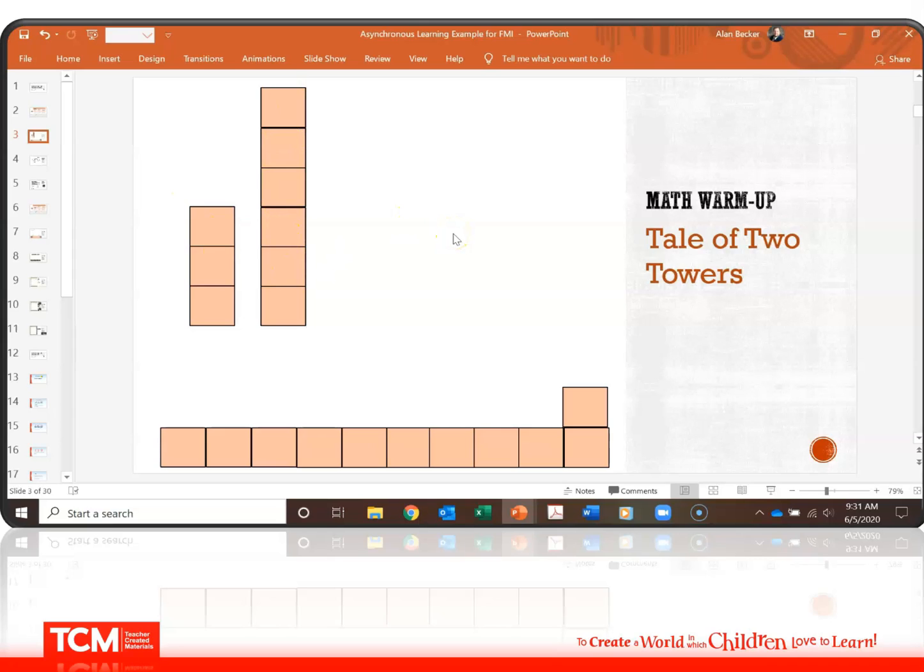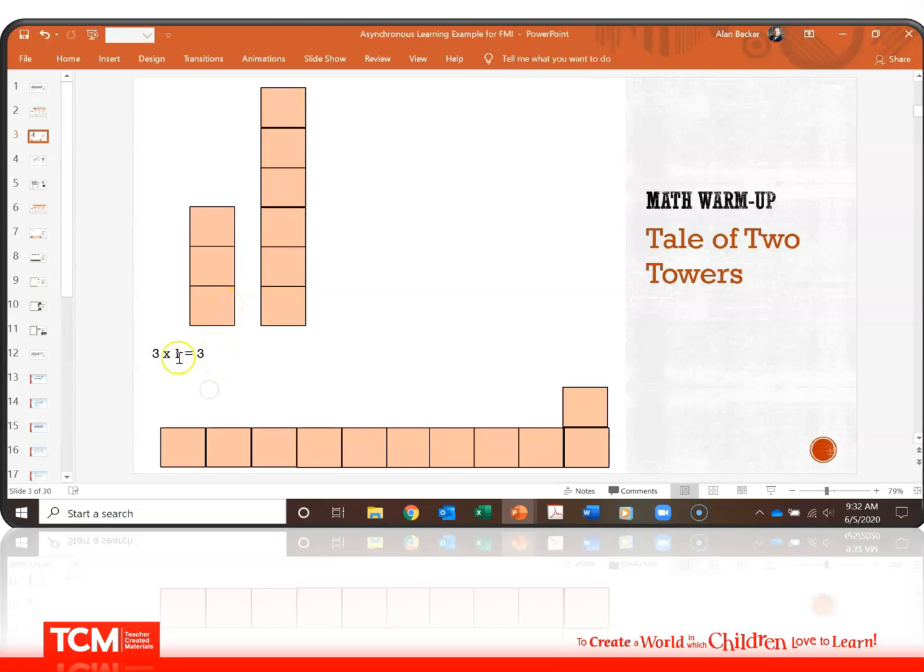So the other thing that I want to do with this is I want to write an equation that represents these towers. So for example, if I'm representing my first tower, the equation is going to be written as 3 times 1 equals 3. And so you can see that I have 3 blocks with a value of 1 for each block.